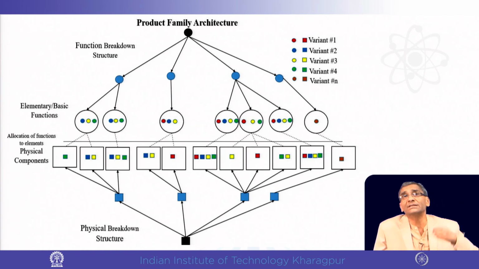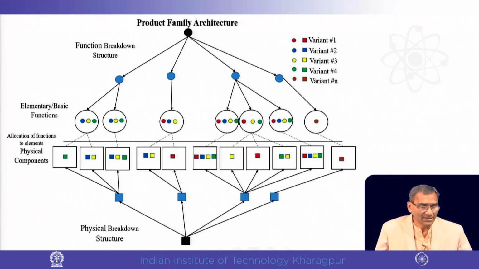The blue node, the subsequent decomposition is happening. So, at the lowest level we are showing the decomposed variants, and similarly the physical components are there in the physical breakdown structure.